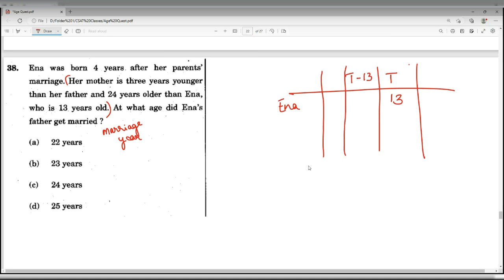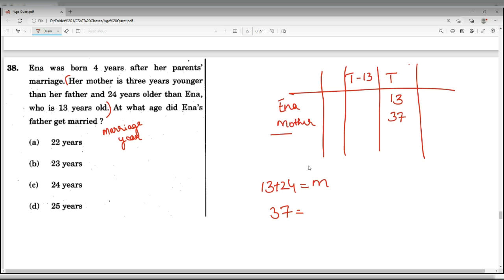And what's her mother's age? Her mother is 3 years younger than her father and 24 years older than Ina. So if Ina is 13 and her mother is 24 years older, the mother's age becomes 37. So mother today is 37.